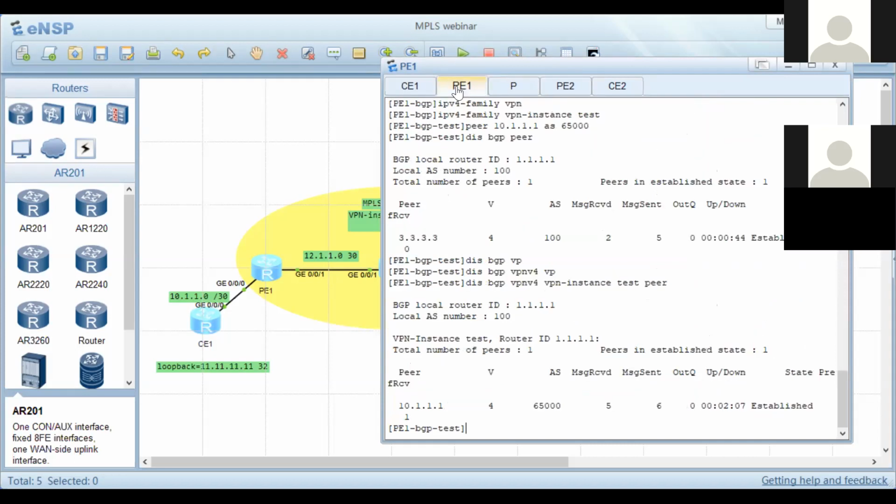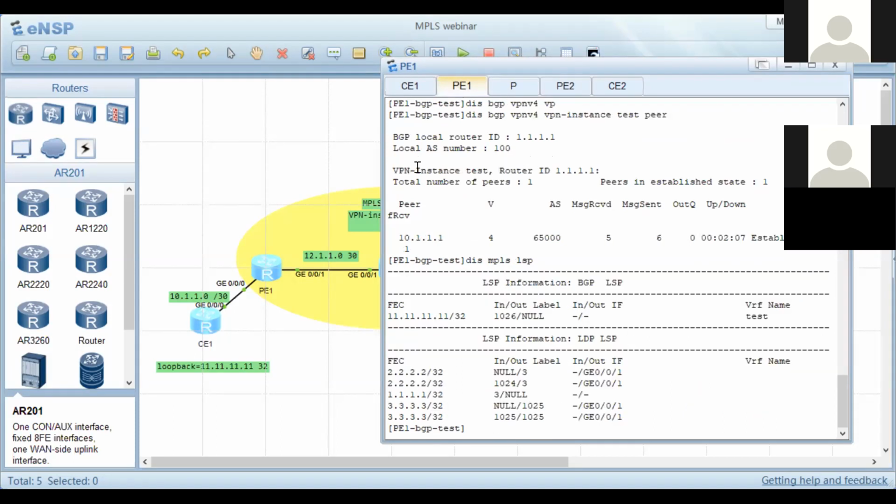We can do like display MPLS LSP. As you can see, the forwarding equivalence class carried the internal IP address of the CE1 on the VPN, and here is its outer table. The inner label and the outer label is nil, and it's found on the VRF test.